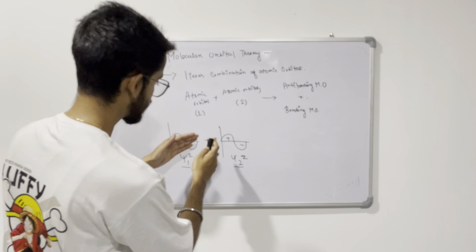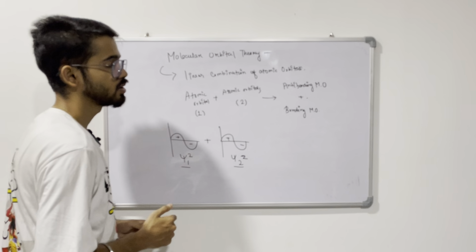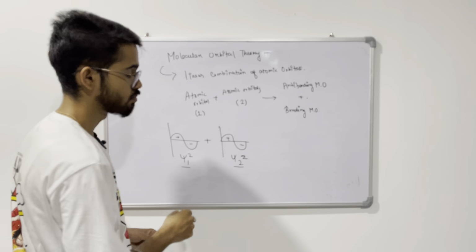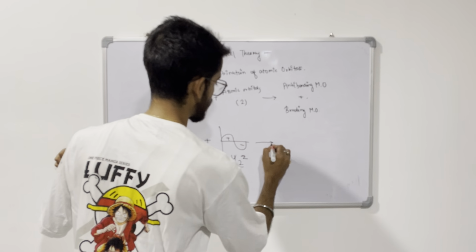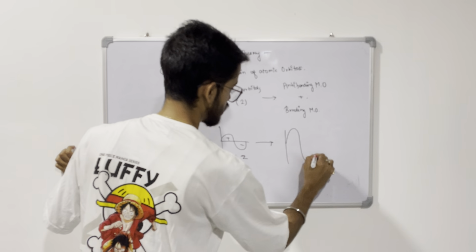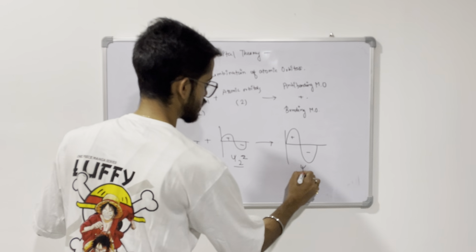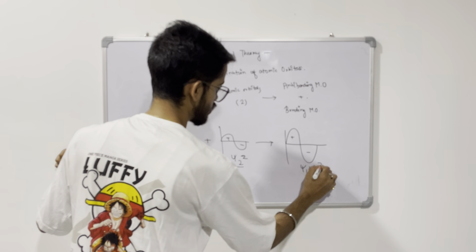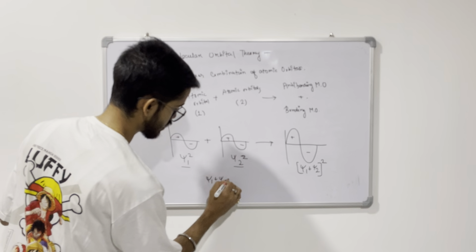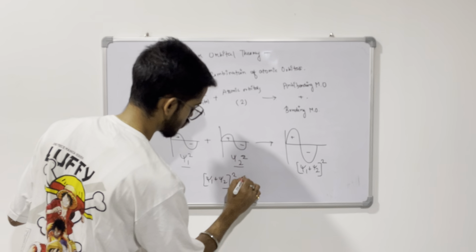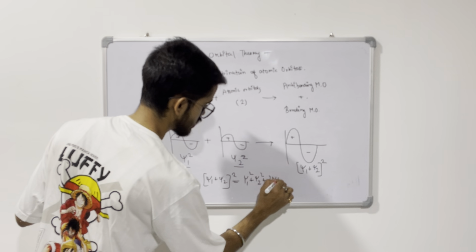As these interacting phases are the same, the electron probability as a result of the combination will increase. The energy will decrease, but the electron probability will increase. If I now solve (psi1 plus psi2) square, I get psi1 square plus psi2 square plus 2 psi1 psi2.